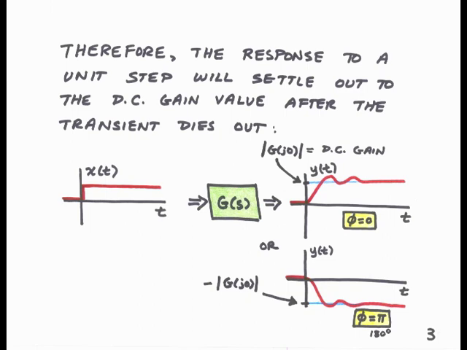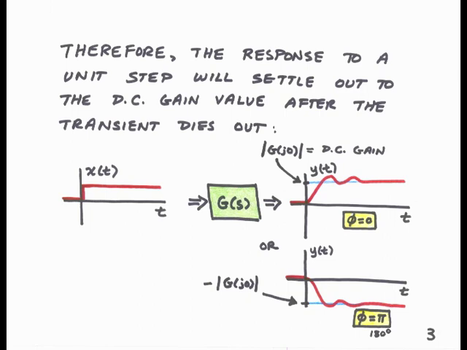This finishes our discussion of DC gain. The important things to realize about this topic is that the DC gain is the amplification a signal that is constant receives when going through a system, and that the DC gain is easy to calculate from the transfer function.